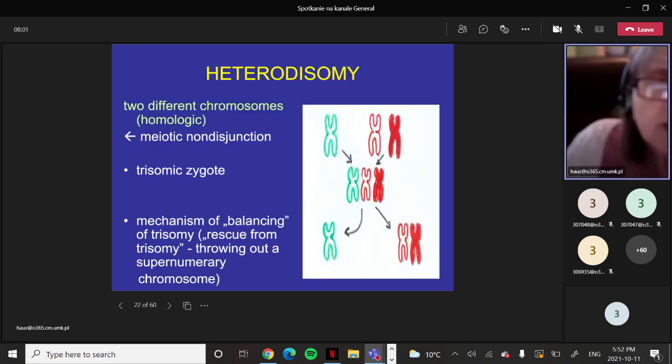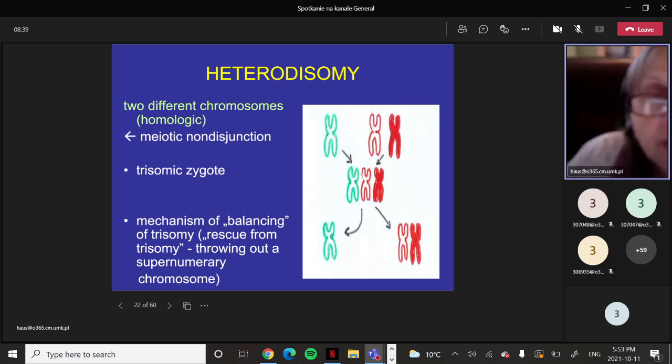And we have at least two mechanisms of this uniparental disomy. The first one is heterodisomy. In this mechanism, we have two different chromosomes, but homologous chromosomes, yes, from the same pair of chromosomes. Why? Because of meiotic non-disjunction.